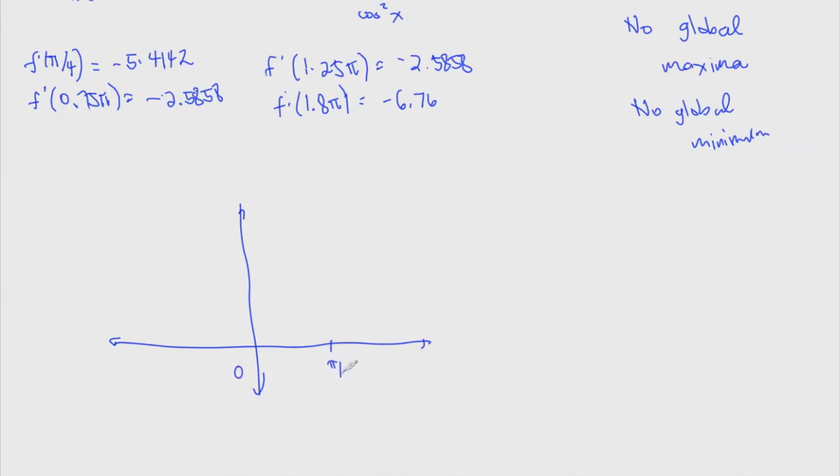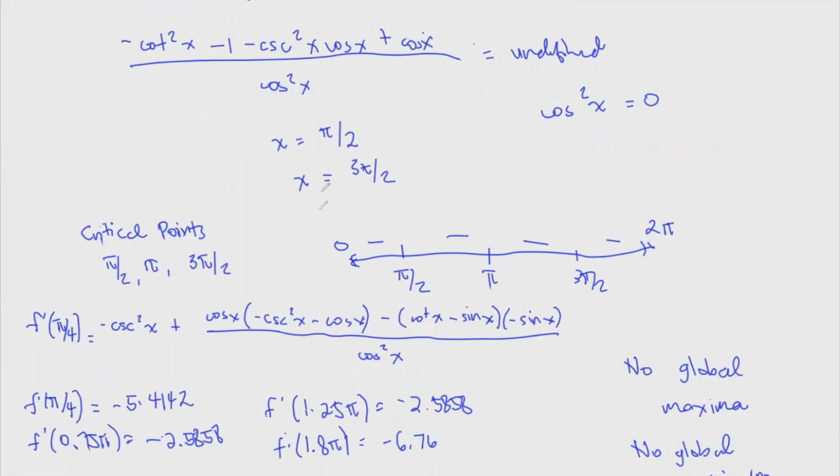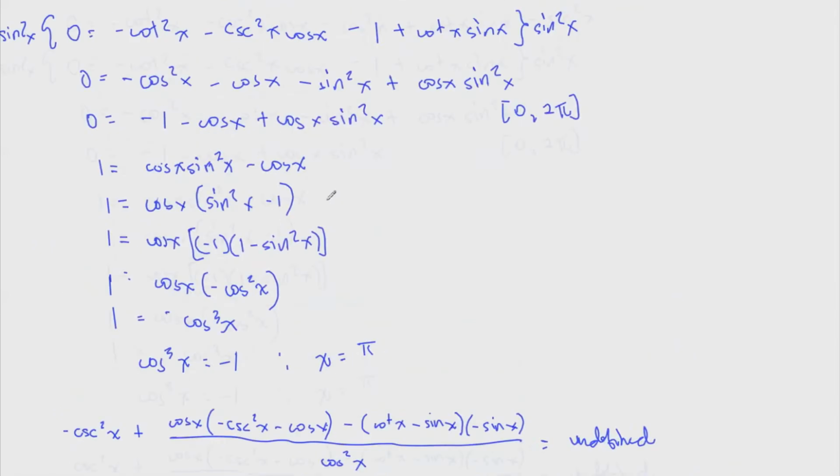So we can try to write that. Let's try to have pi first. So we have 0 and then pi over 2. We have pi. And then right here, I think it's 3 pi over 2 and then 2 pi. With this, you can try to plot out these points, but we can check on the values first.